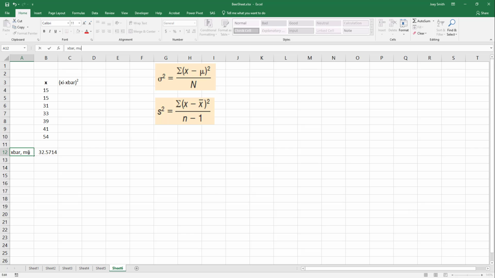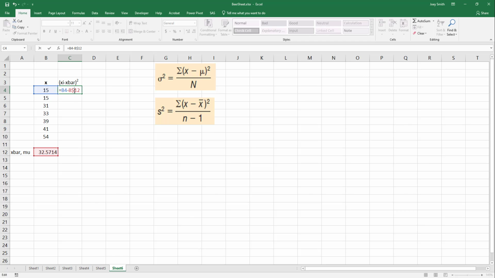Now I'm going to spell it out because I don't want to change to symbols in the middle of all of this. Okay, so we've got X bar and mu here. Now what we need to do, if we're doing the population variance, is take X bar and subtract that from each one of our X's. And one of the things that we want to do is lock X bar in place.